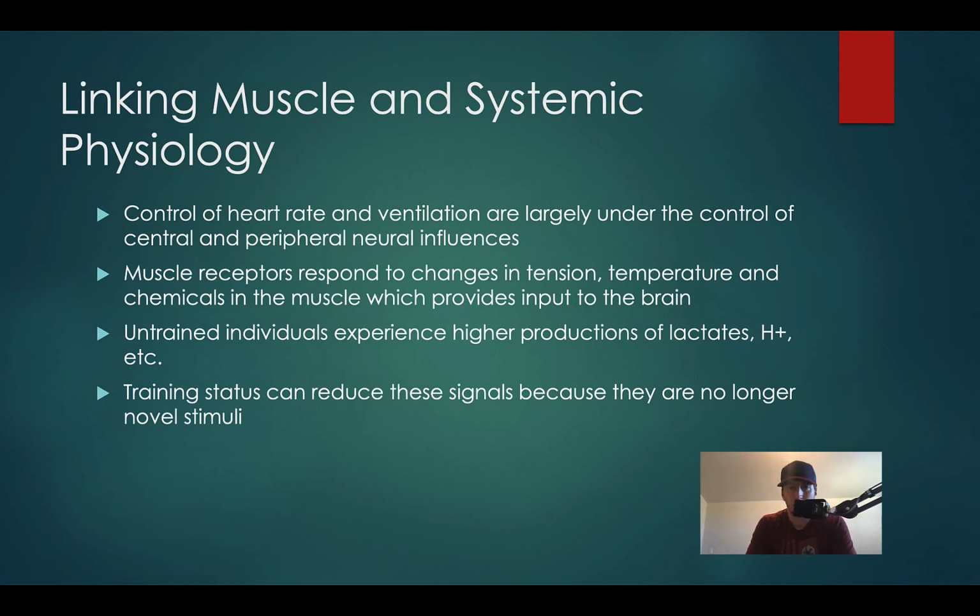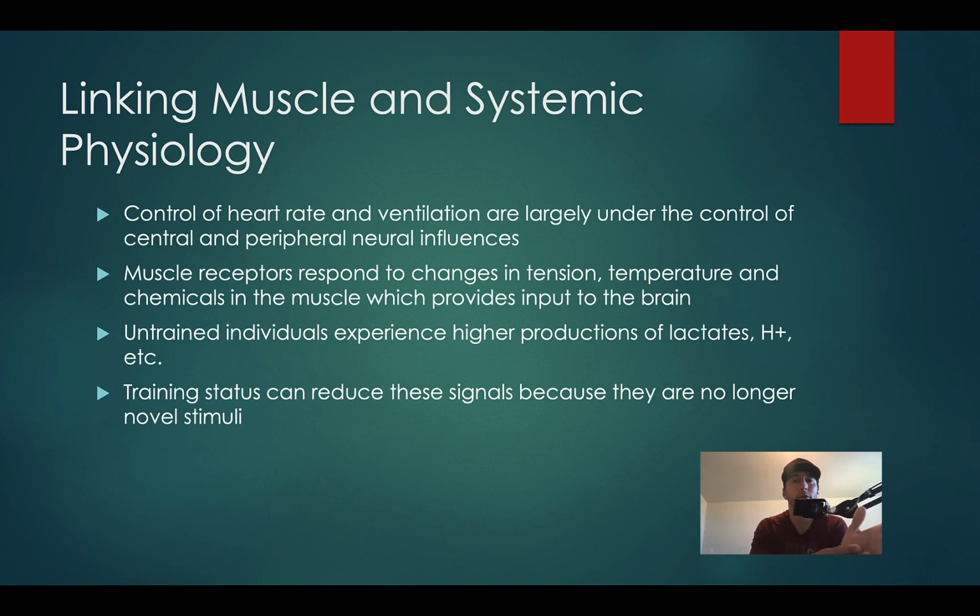So now let's try to link this. Let's try to weave these two together. How does muscle physiology and systemic physiology really come together? So our heart rate and our ventilation are going to be driven by our central and peripheral neural systems, right? The speed at which our heart is contracting is going to be under neural control, right?